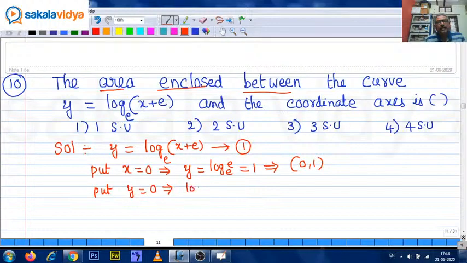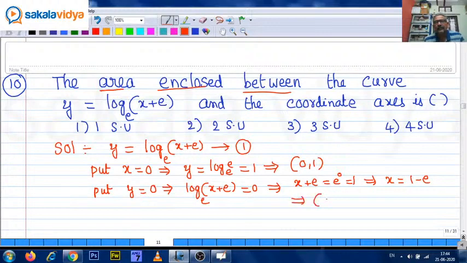That means log of x plus e to the base e equals 0. Now we get x plus e equals e to the power of 0, whose value is 1. So x equals 1 minus e. It cuts the x-axis at (1 minus e, 0). e is approximately equal to 2.618, so 1 minus e will be negative.